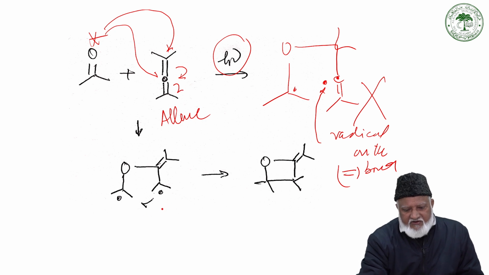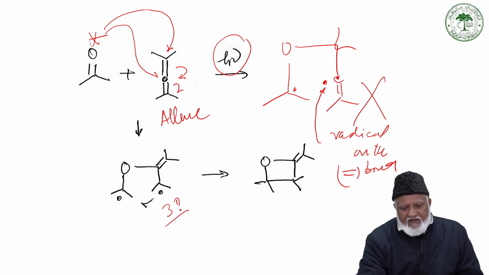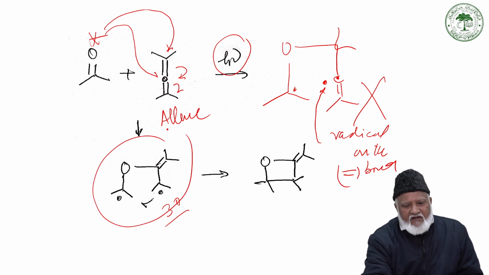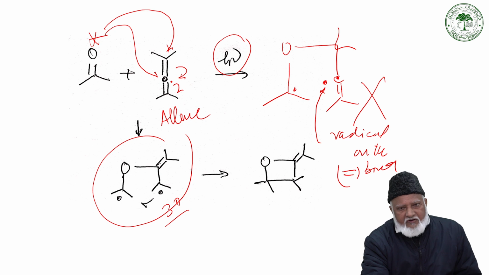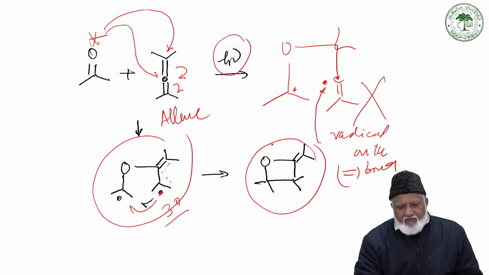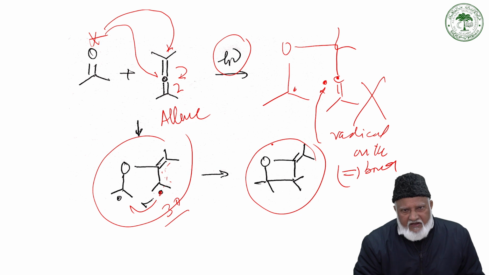This is a tertiary radical, and this is the preferential attack of excited carbonyl to the allene carbon, the sp hybridized carbon, to generate this radical, which is tertiary as well as stabilized by the adjacent double bond. Then this can combine to give this as one of the major products in this particular cycloaddition of carbonyl to allene reaction.